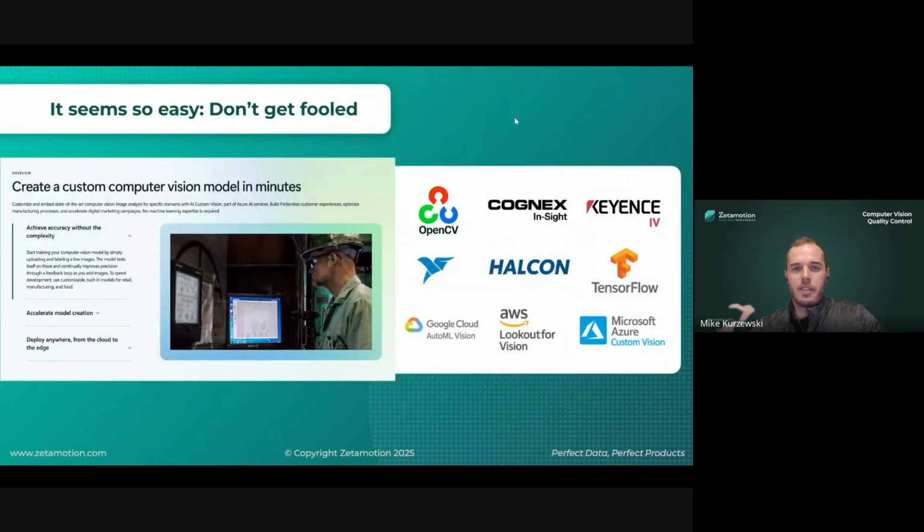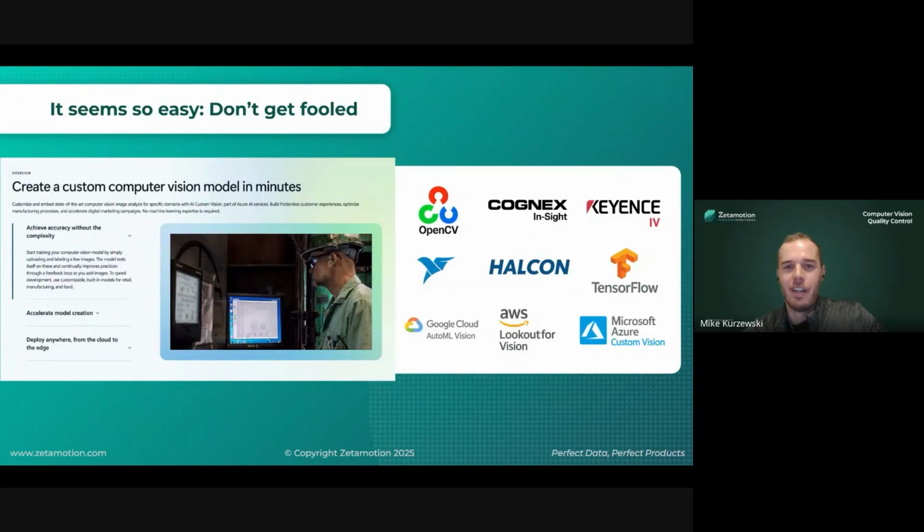And with those points, I think when you're looking for inspection solutions, there's a lot of advertising that gets put out that it's really simple, it's easy to do, you can do it yourself in minutes, as this advertisement says here. But it's important to note that it's not always that easy.